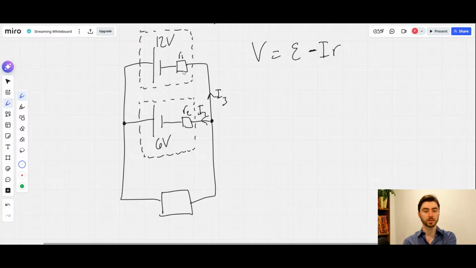So in other words, we need to have 6 more volts lost on this internal resistance than are lost here. So I would be saying that I3 times R1 would be equal to I2 R2 plus 6. And then I think it comes right.